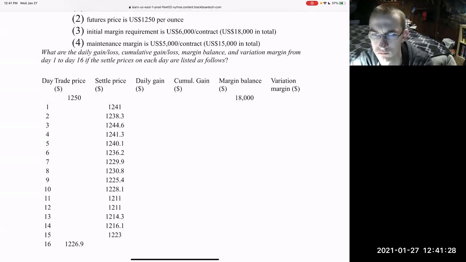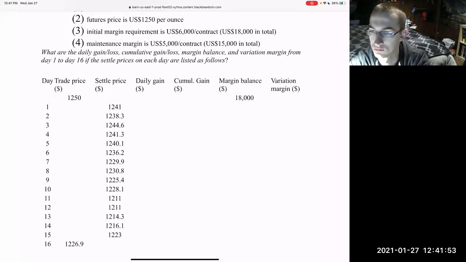And the cumulative gain, because it's the first day, you don't have a previous day, so it's just the same as the daily gain. Margin balance, the previous margin balance, which is the initial margin, right? 18,000, that's the initial margin. Okay, the last column is variation margin.